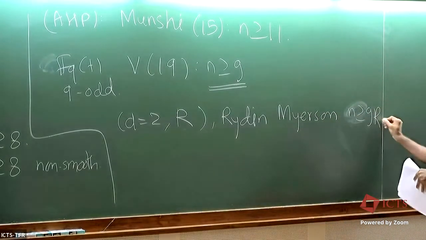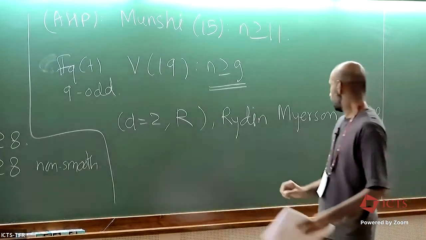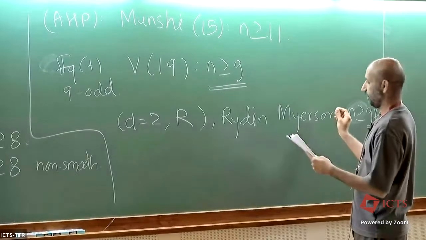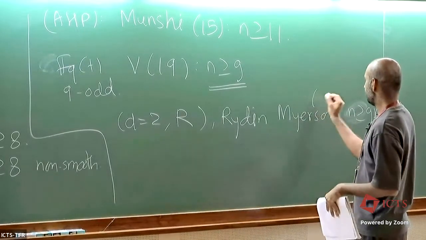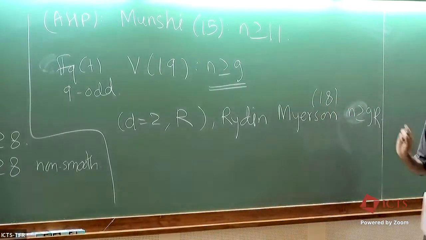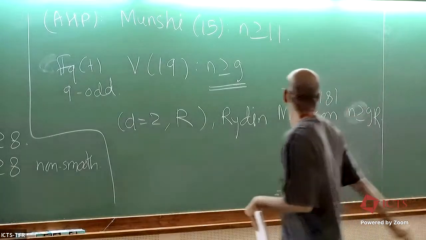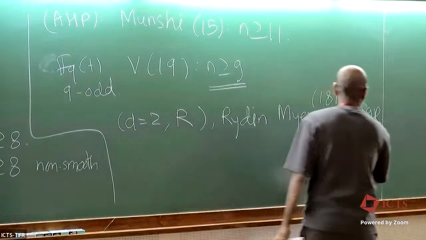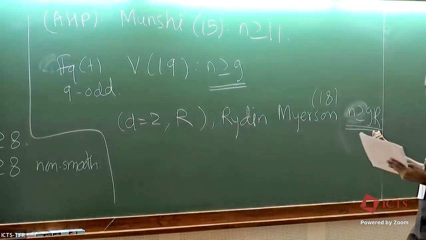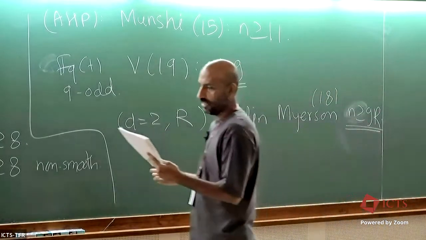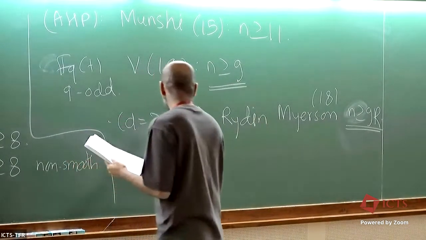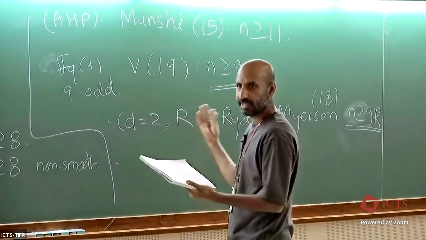That was achieved by Simon's work in, okay, I don't have the year, but I think it's maybe '18 or something. He made the dependence on n linear in R, which is what one should expect. This dependence is better as R grows. That's a better result.